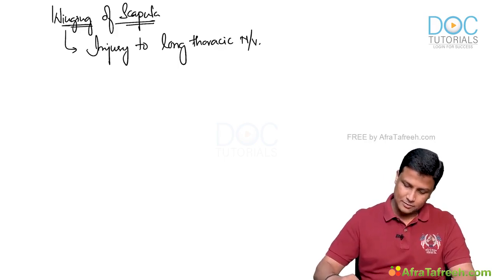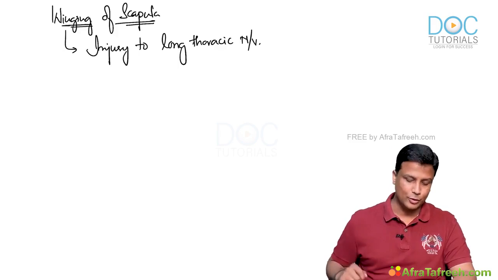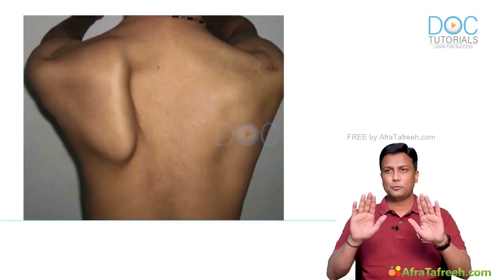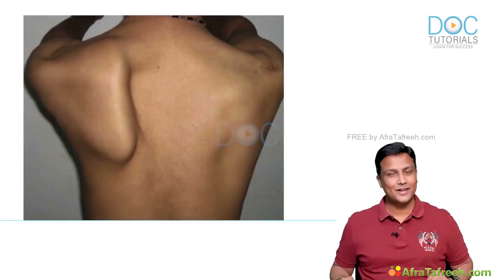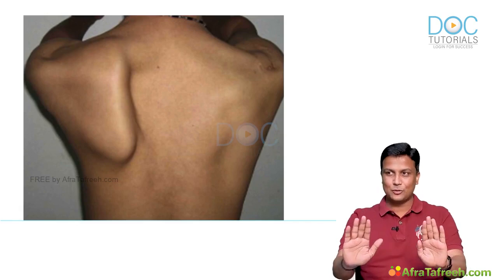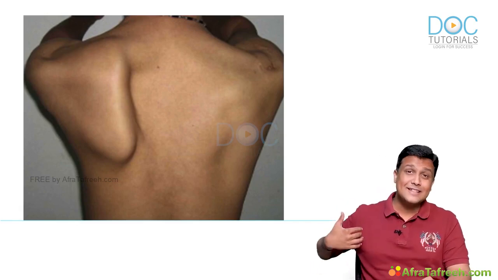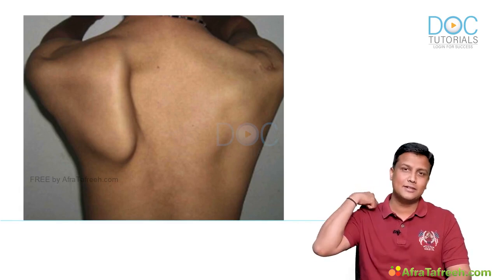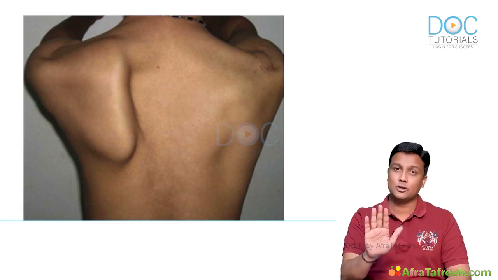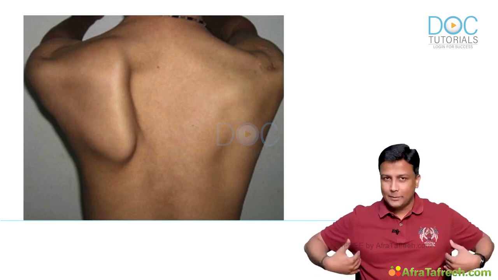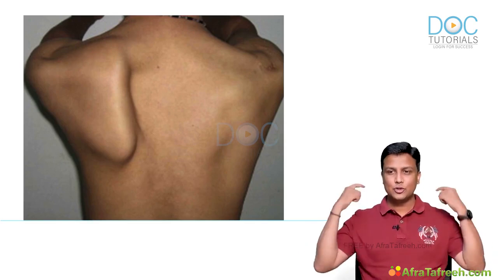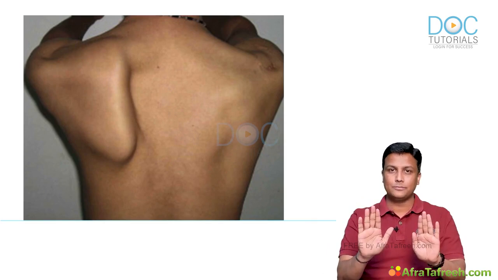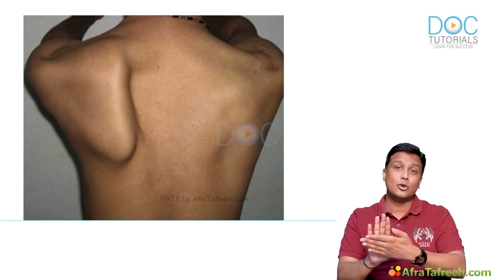And if this patient comes to you in the hospital, what are you going to do? Ask the patient to push against something, guys. When he is trying to push, what is going to happen? Because the serratus anterior muscle is paralyzed, it's unable to keep the scapula bone on the rib cage, on the thoracic wall. Normally the serratus anterior muscle keeps the scapula attached to the thoracic wall.